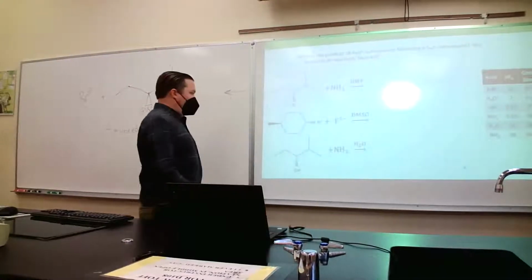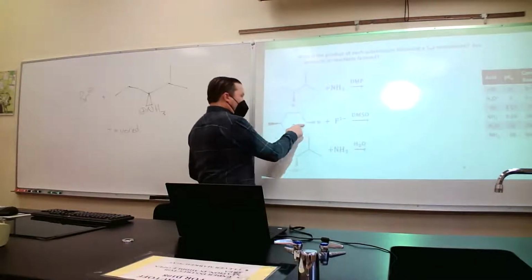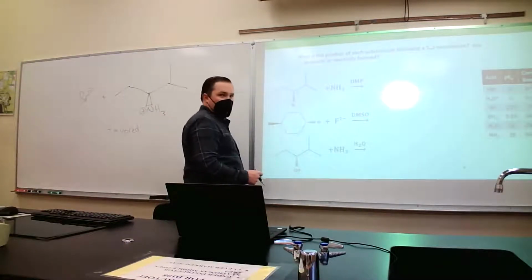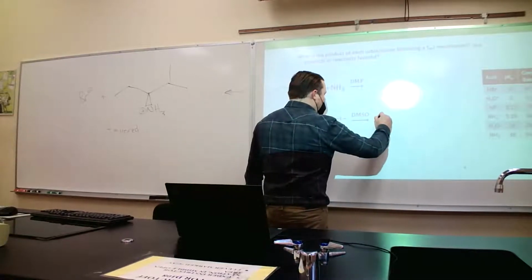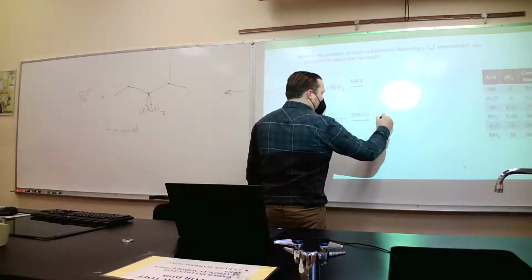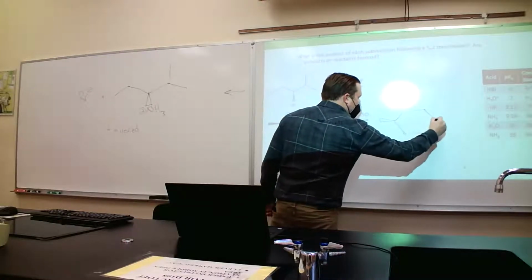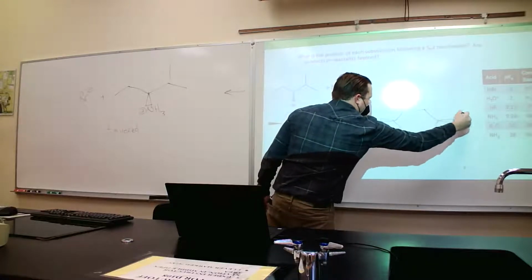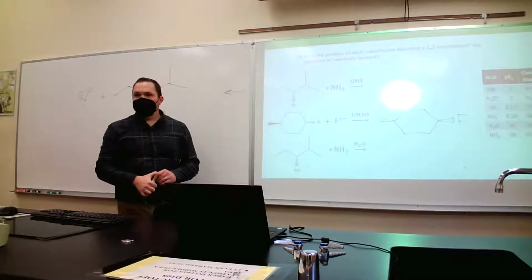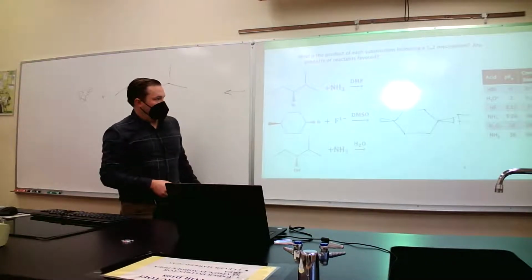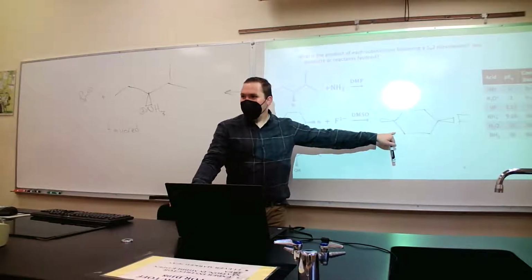So we would expect fluoride to be a better nucleophile than bromide, and it's going to attack from the opposite side. So if we start with the trans product, we're making the cis. And this side would be favored at equilibrium.